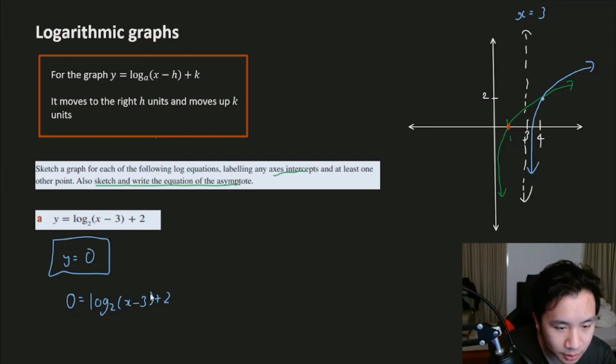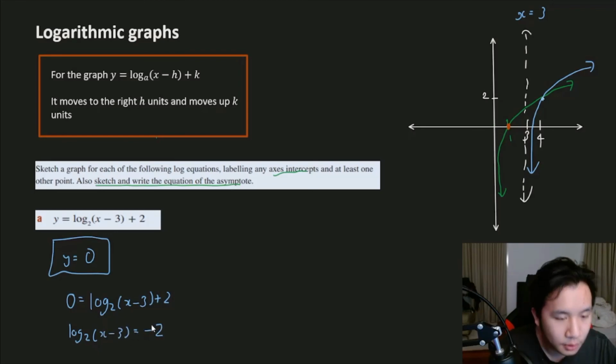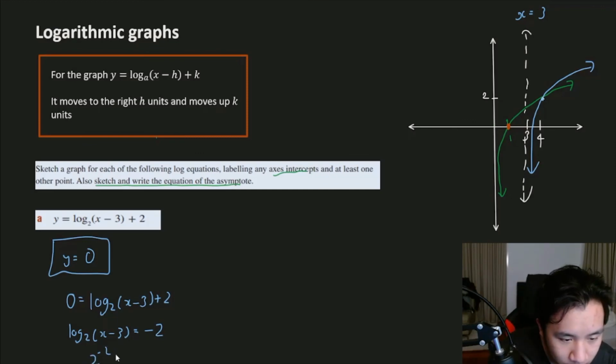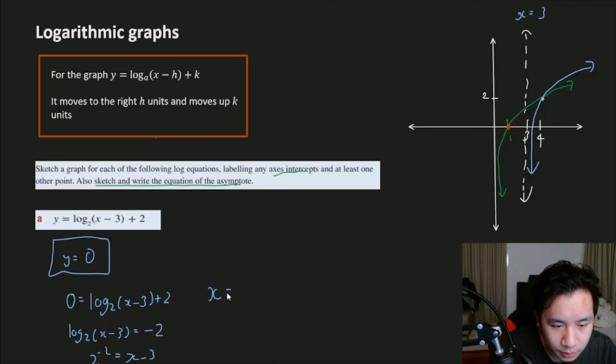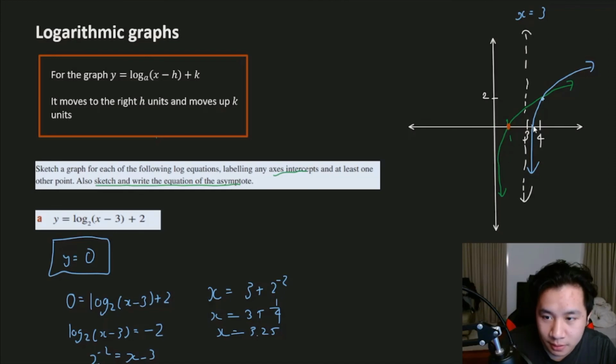What you want to do is bring this 2 over, so minus 2, so we have log_2(x - 3) equals -2. And if you remember from log laws, I can write this as 2^-2 equals x - 3. And so x is going to be equal to 3 plus 2^-2. x is equal to 3 plus 1 quarter. x is equal to 3.25. And so this intercept right here is at 3.25.